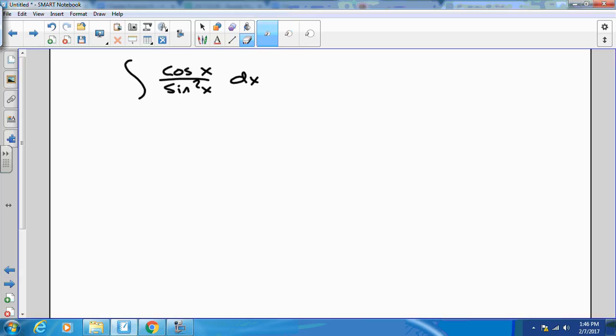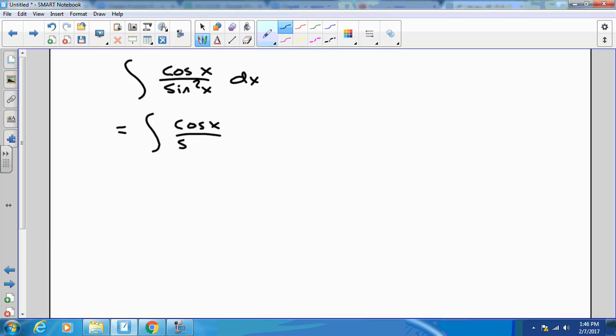The antiderivative of cosine x over sine squared x. I look at this guy and I think, again, not really sure where to go with this. Perhaps I could rewrite this in terms of other trigonometric functions.